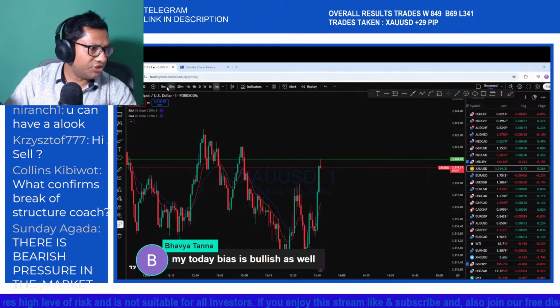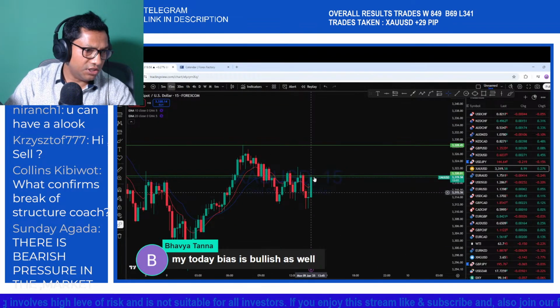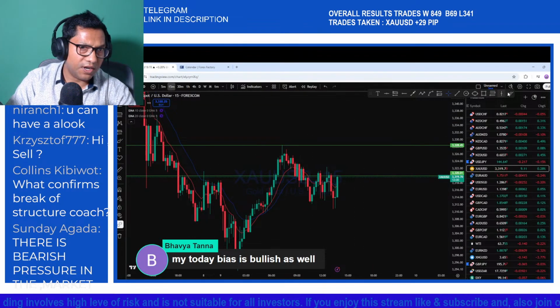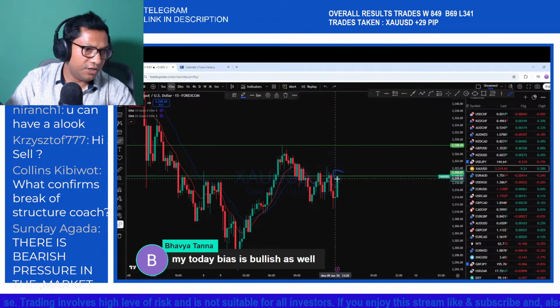To find a sell entry here, as there is a doji, you can see that from this doji the market has made a significant breakout here.